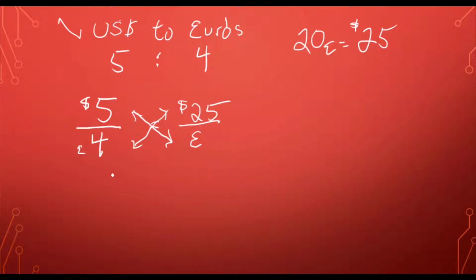So I'm going to get $5 times euros equals 4 euros times $25. And notice the 25 is what we're trying to convert into euros. So now I'm going to divide by $5 and divide by $5.